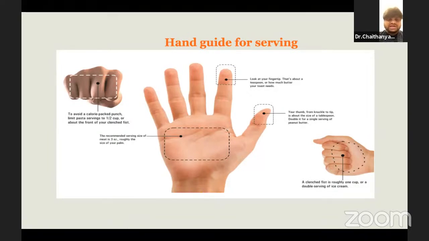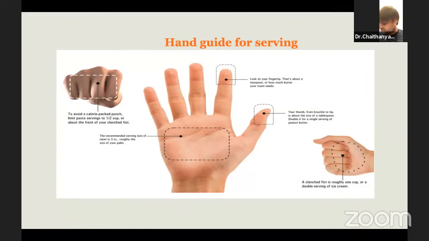Here you can see, first you have the depiction of the punch. So one pasta is equal to one clenched fist or punch. The same way you have the hand and the palm, the central portion of the hand, that is equal to 3 ounces of meat or roughly 1/3 cup of rice. The same way you have the tip of the index finger, that is equal to 1 tablespoon.